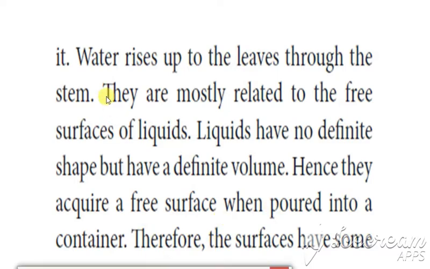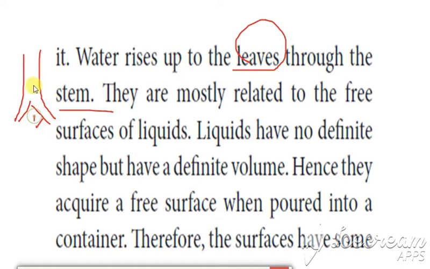When you consider mercury and water in a glass, the mercury will not stick to the glass, but the water we can pour. And water rises up to the leaves through the stem, which we know occurs in the plant.